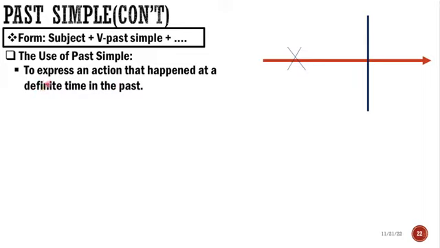This is related to a definite time, a clear time, a clear time of an activity or situation in the past. You can see an example: Columbus discovers America in 1492.